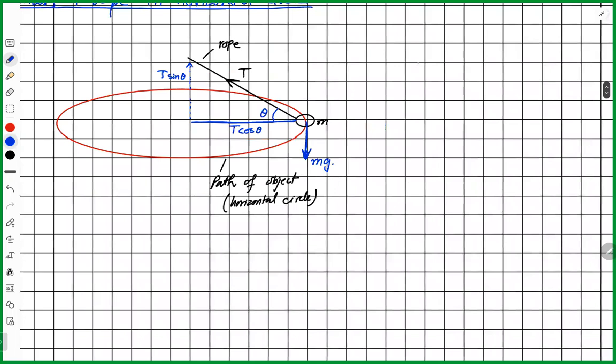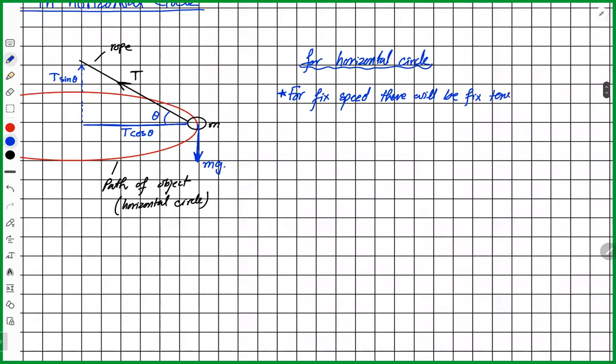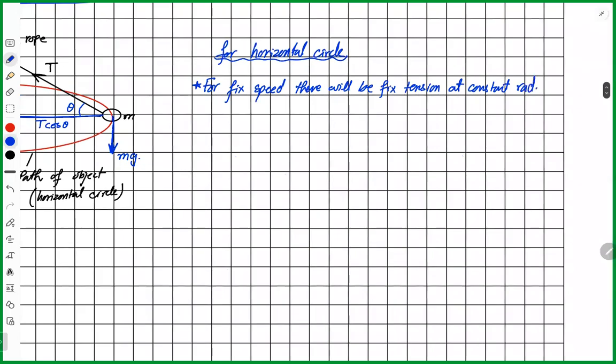For a horizontal circle, for a fixed speed, there will be a fixed tension at constant radius.